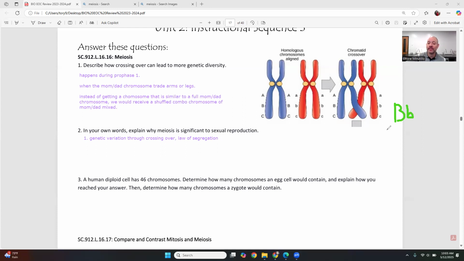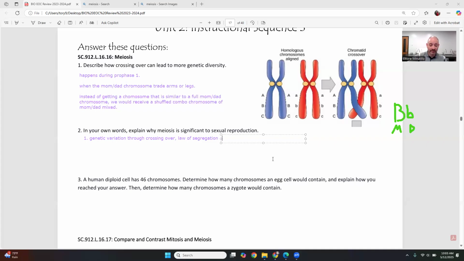Law of segregation would say that one of these has to come from mom and one has to come from dad. No parent would give both of them. So we segregate those 2 alleles away from each other so that the other parent provides one of them.